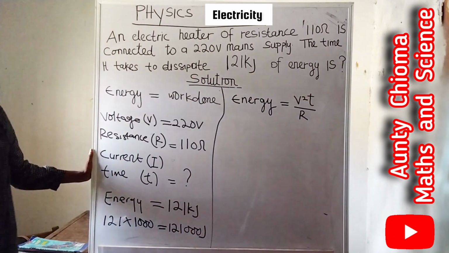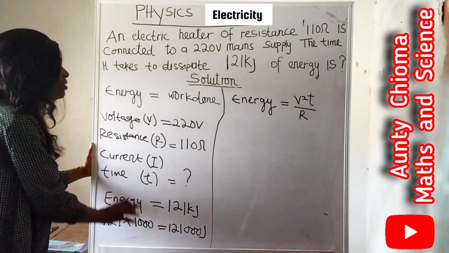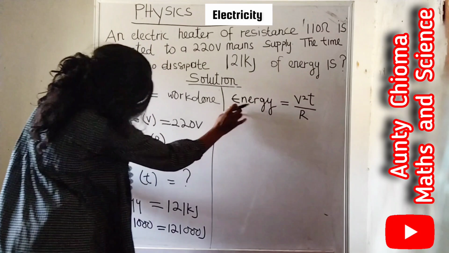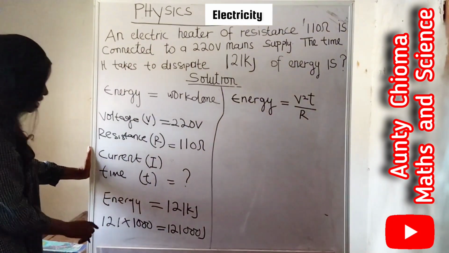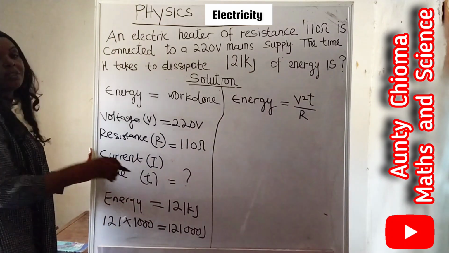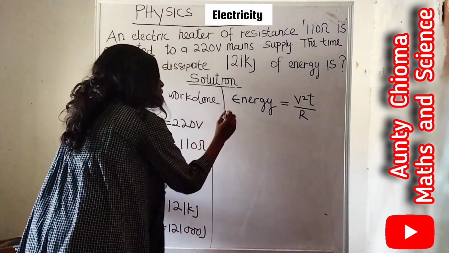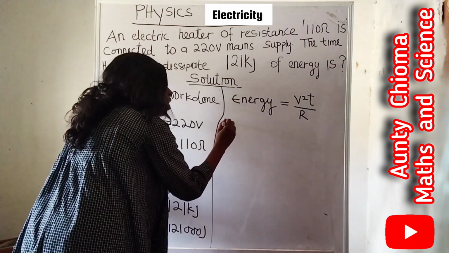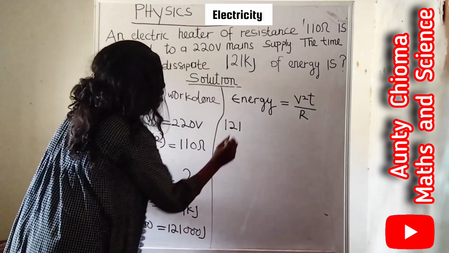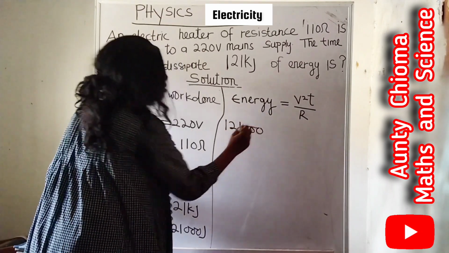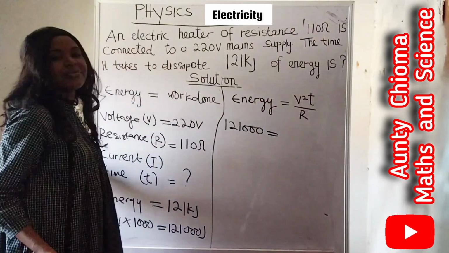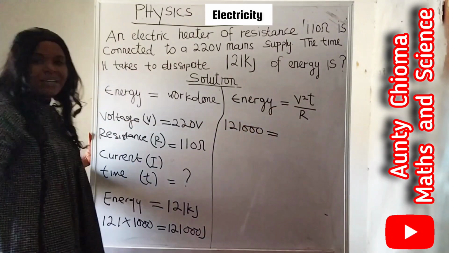Now I want to substitute these values into this formula. We start with the first one, which is the energy, and the energy given to us now is 121,000 joule. We have changed it to joule. So we write energy, we substitute 121,000, and put this equals to V. Did they give us any value of V?